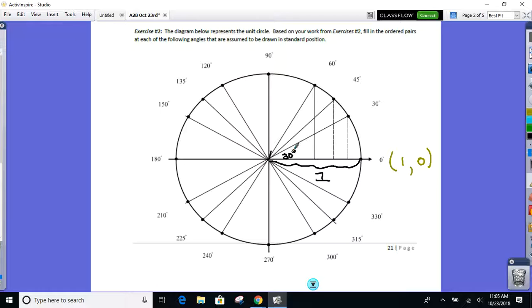Look above on your special right triangle. 1/2, right? Since it's going to be right here, is that going to be my y or my x coordinate? If this is 1/2, which coordinate is this going up and down? So my y coordinate at 30 is 1/2.